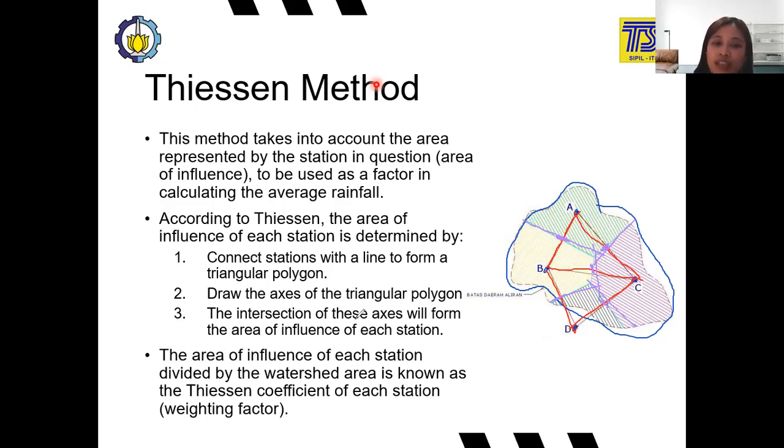So the intersection of these axes will form the area of influence of each station. Here we have the area of influence of station A in the green area. And then we have the area of influence of station B in the yellow area.